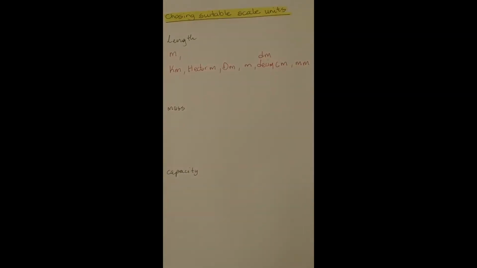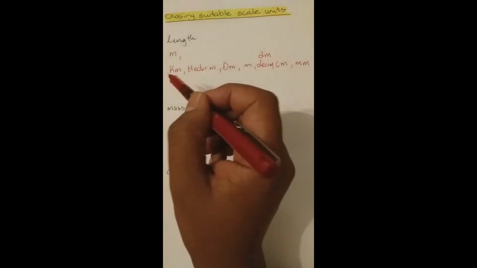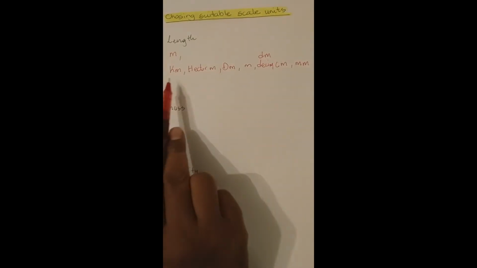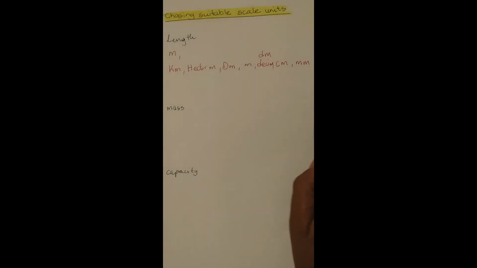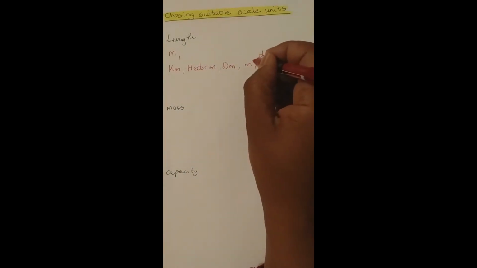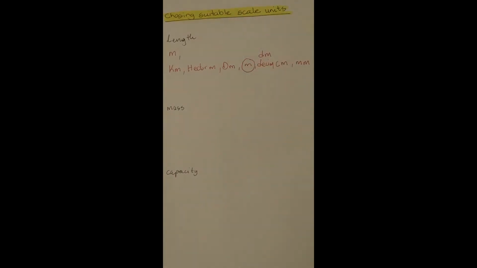For instance, we've got micrometers and nanometers going down the scale, and terameters and gigameters when we go up. So this is our basic unit for length, meters.